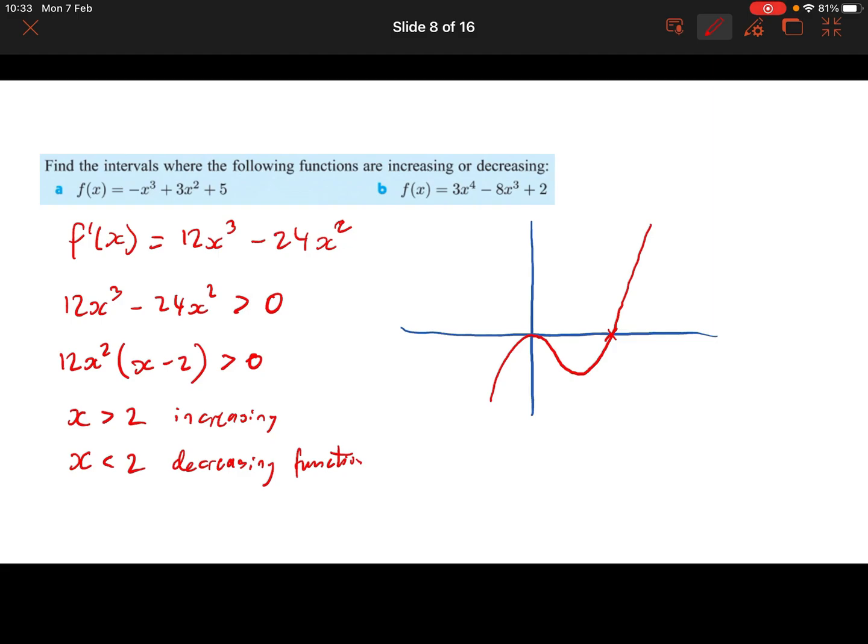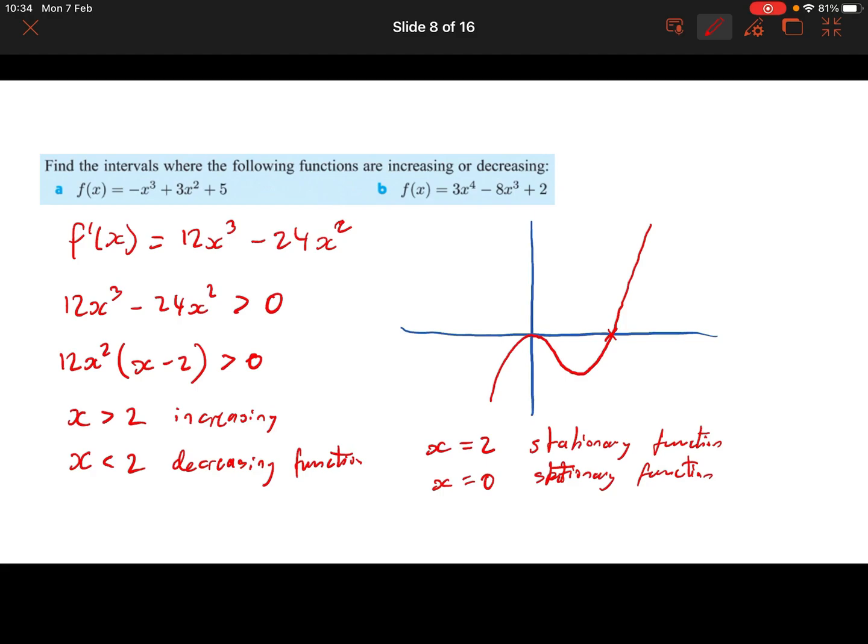Okay? At x equals 2, we have a stationary function. But also at x equals 0, we have a stationary function. Okay, might seem weird, how can that be the case at 2 different points? But hopefully that will become clearer in a minute.